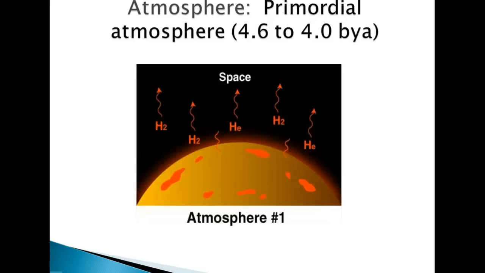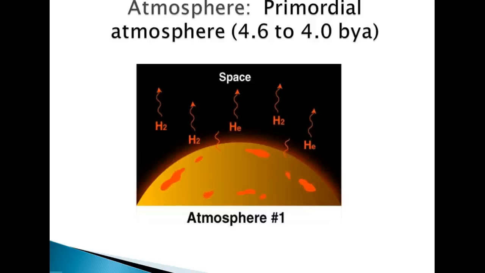So let's track the evolution of our modern atmosphere from when the Earth first formed 4.6 billion years ago. Write in your notes that the first atmosphere, or primordial atmosphere, occurred 4.6 to 4 billion years ago, and that it was composed mostly of the gases hydrogen and helium, as you can see in this slide.